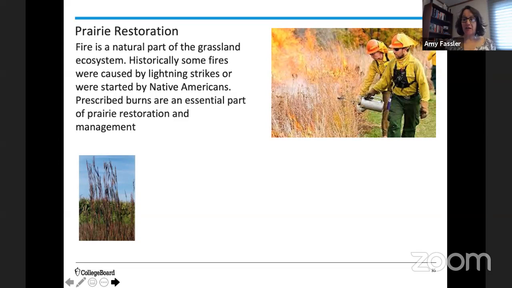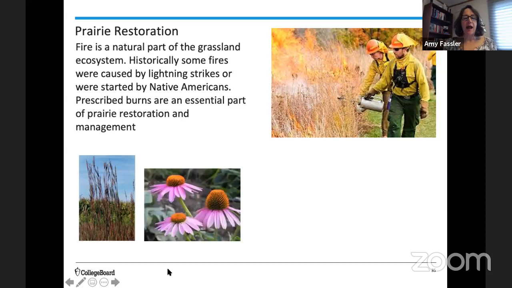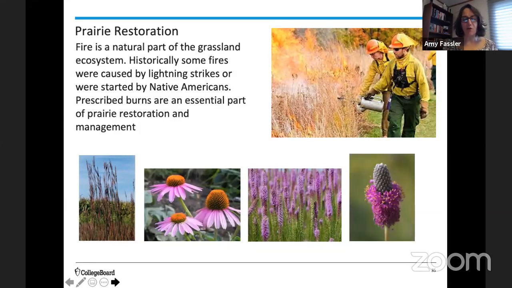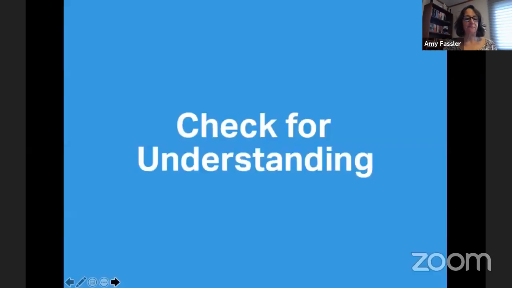And the reason is because fire would normally start either by lightning or Native Americans. We now know that in order to maintain or restore a prairie, we need to integrate that as it's an essential part of the management tool of that prairie. And that's how we end up with all of the beautiful blue stem grasses and purple cone flowers and all the beautiful prairie flowers that need that heat to release their seeds often.